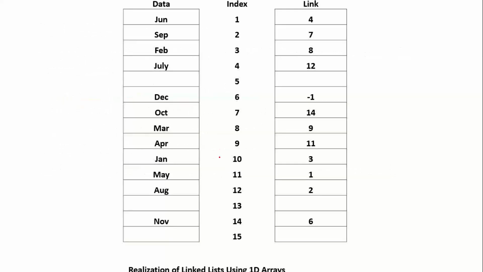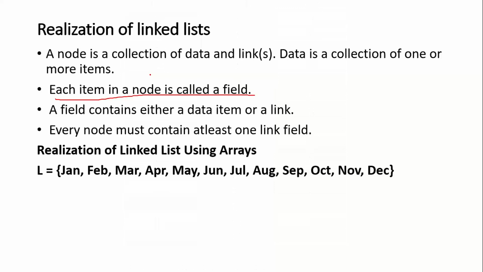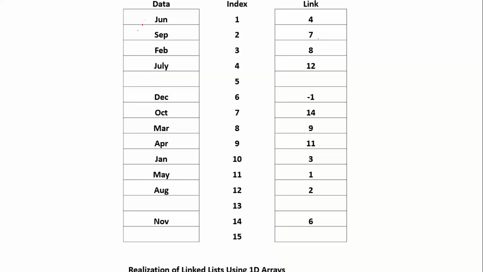Let's see. This is how your linked list is implemented using arrays. Here I have two arrays. The first array contains the names of the months, and this is not an array, this is actually the index.